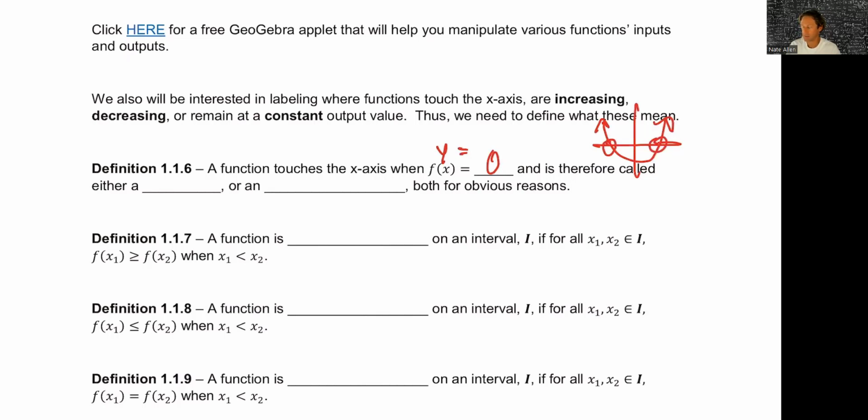So we call these zeros, because of how we find them, by setting the function or the equation y equals 0 and solving for those x values where that would happen. And because graphically, what that provides for us is called an x-intercept. So hopefully you can see that these are obvious why we call them that. The zero because that's how we find where those are located, and what they give us graphically are indeed where it intercepts the x-axis.